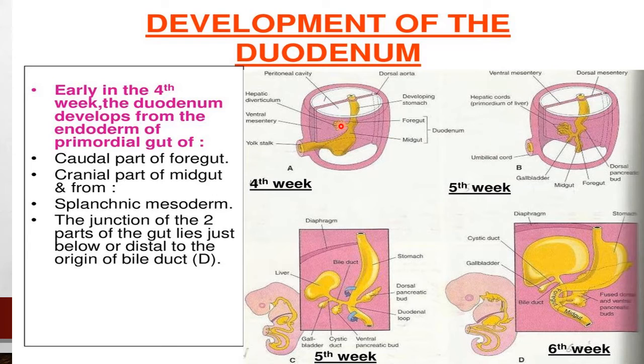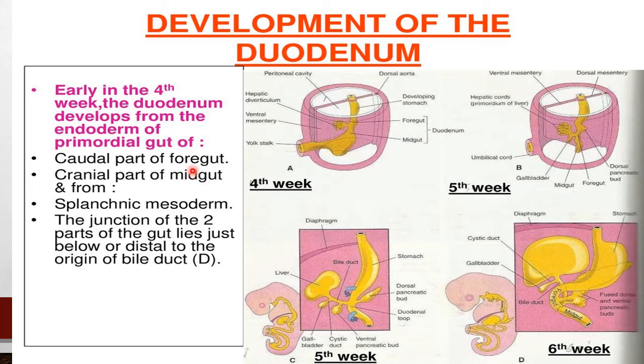So till the part of the hepatic diverticulum, the structures of the gut tube are the foregut structures, and distal to this hepatic diverticulum, which in future is going to become the bile duct opening, the rest of the structures are the derivatives of midgut.